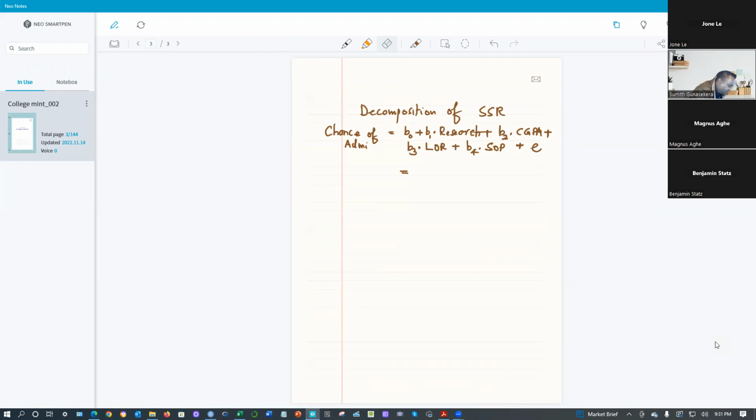Same thing I'm going to write in algebraic form, with Y as admit: Y = b0 + b1 x1, where x1 means research, b2 x2, x2 means CGPA, b3 x3, x3 means letter of recommendation, b4 x4, x4 statement of purpose, plus e.